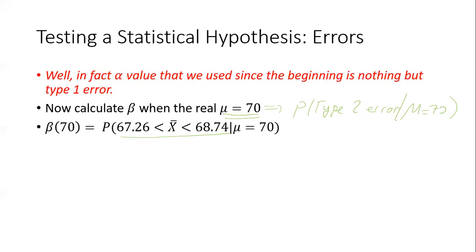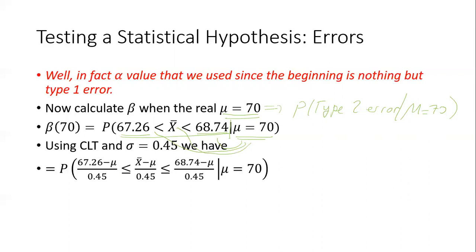When you do not reject H0, x bar is between 67.26 and 68.74, given that the true mean is equal to 70. So what I will do is plug in mu here, here, and here, and calculate the probability. You see this?